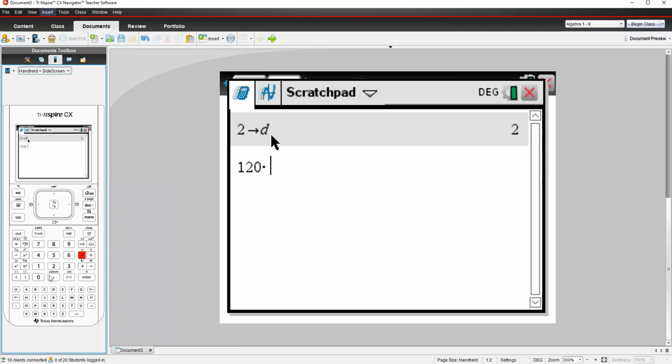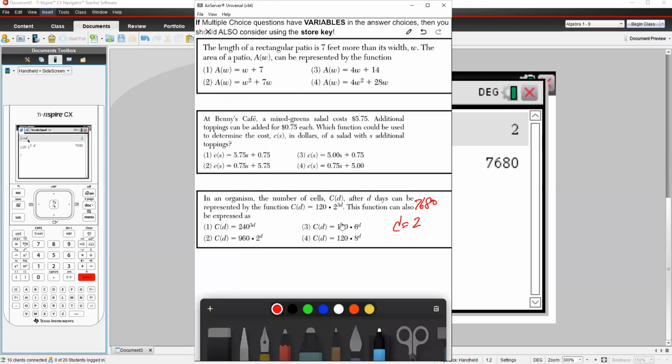times 2 to the 3D power. Press enter. And it says 7,680. So now when I go to the answer choices, one of these should be 7,680.